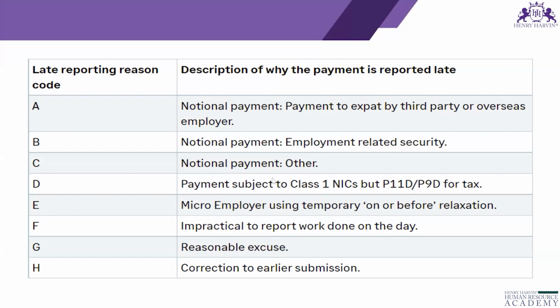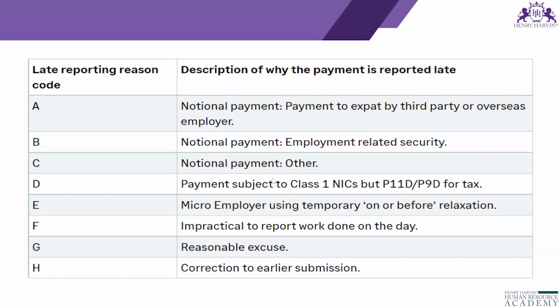If you're submitting on the last day and your FPS is not going through, you receive a failed message due to any reason where it is not your mistake or a mistake in your software, this could be one example wherein you can explain it to HMRC. You can call right away and inform them on call, and then you can submit this reason also later on. So anything you face, you can call HMRC and inform them first. That is also possible.